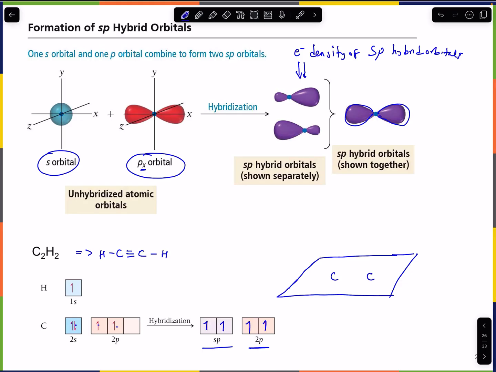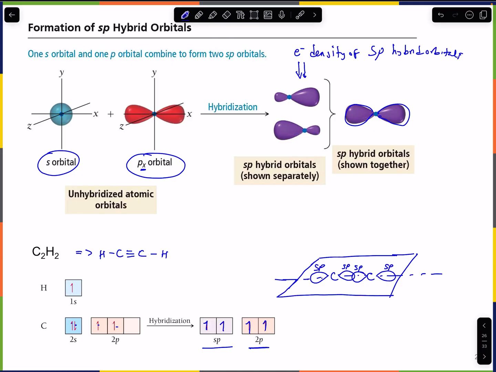It's a carbon atom, with something like this overlapping. Then the other sp orbital will be right here. Those orbitals are on the same plane, and actually they are also on the same line. All these orbitals are in the same line. These are sp, sp, sp, and sp hybrid orbitals.